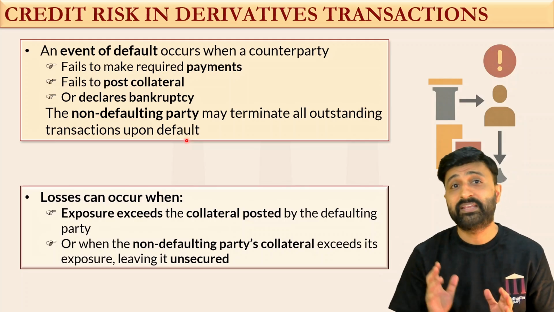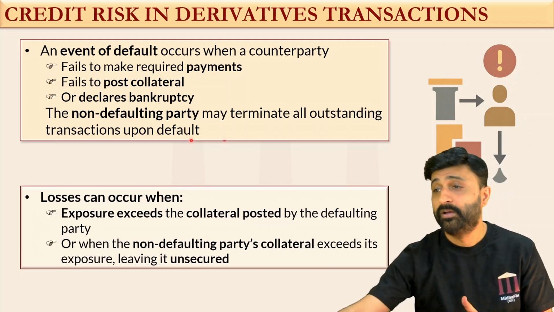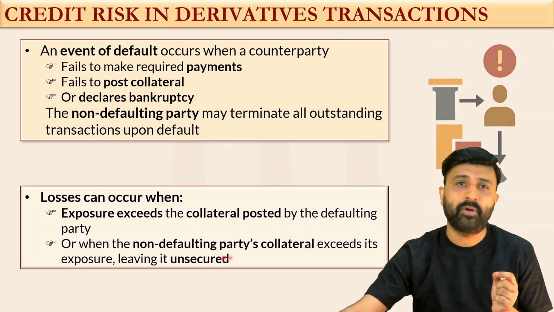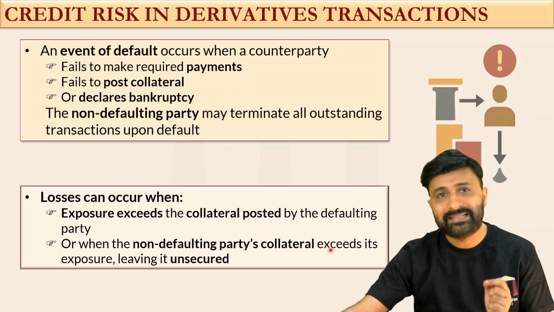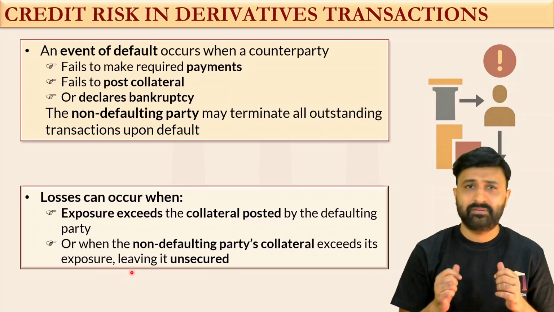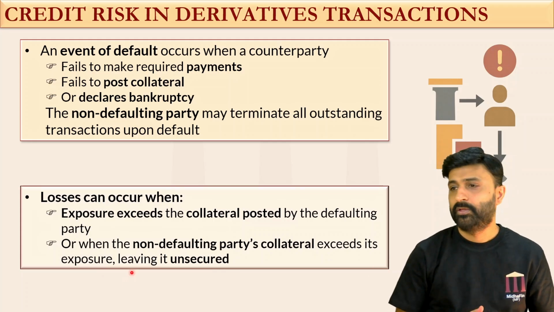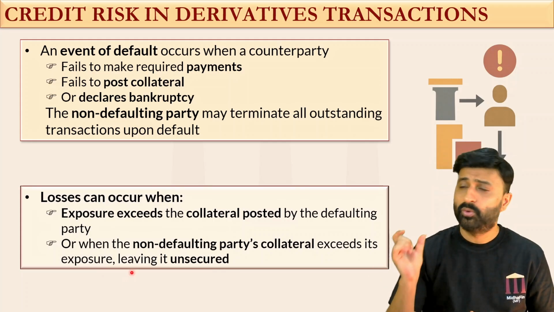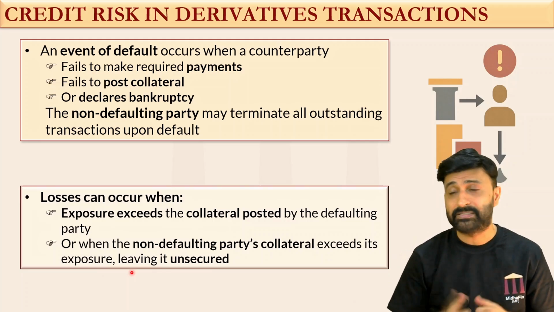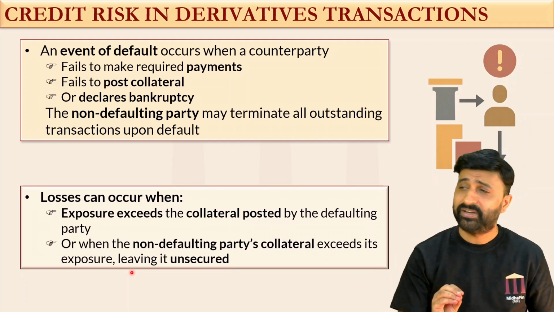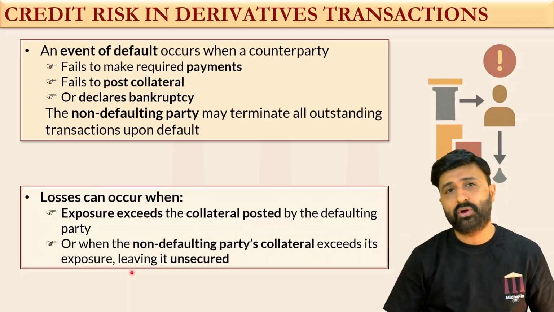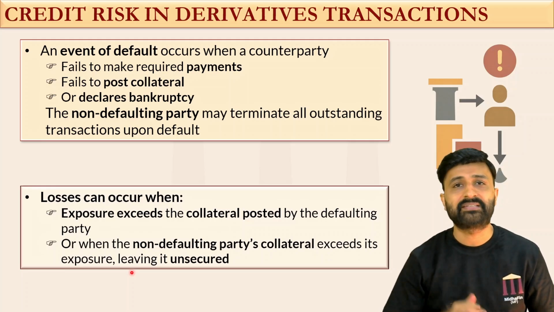They happen when the exposure exceeds the collateral posted by the defaulting party, or when the non-defaulting party's collateral exceeds its own exposure, which leaves that excess amount unsecured. So even with collateral and margining in place, bilateral derivative trades still carry some unsecured exposure. And that is the essence of credit risk in derivatives transactions.